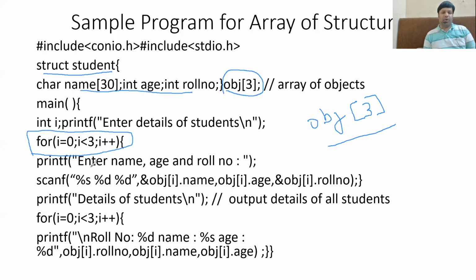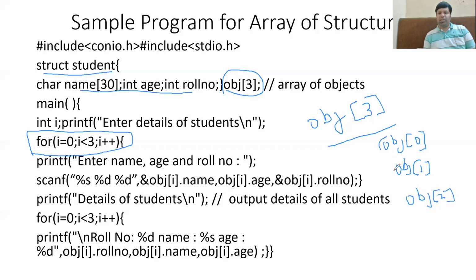If I want to access the members of the first object, it will be object 0, and all elements will belong to object 0. Similarly, we have the second object, that is object 1, and all elements belong to object in the bracket 1, and the last object can be something like this.